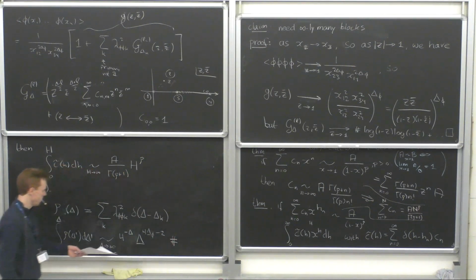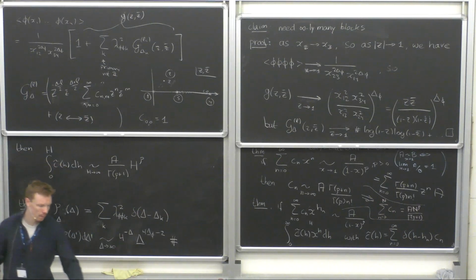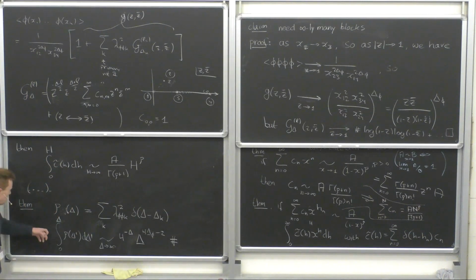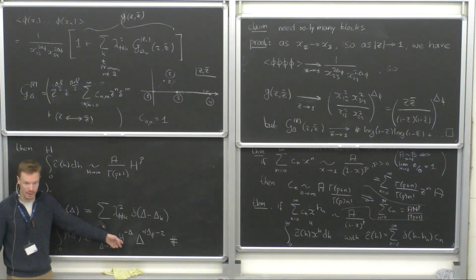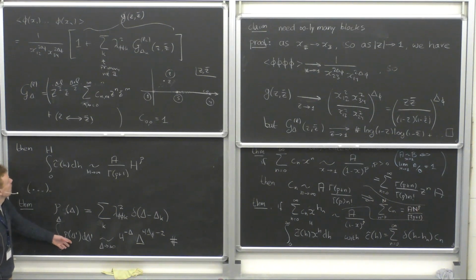So the limit of this thing is 1. And so the important thing to realize is that these OPE coefficients have an extra 4 to the minus delta in them. So they go to 0 very, very fast. And so they go to 0 much faster.